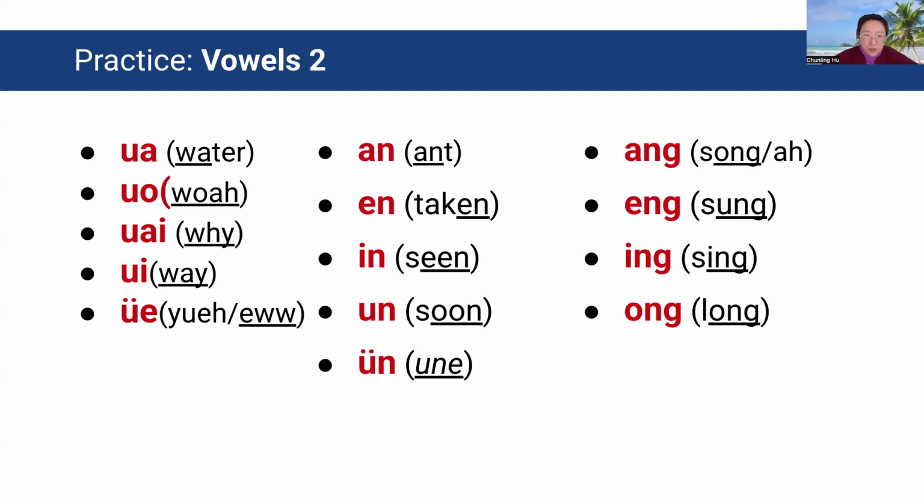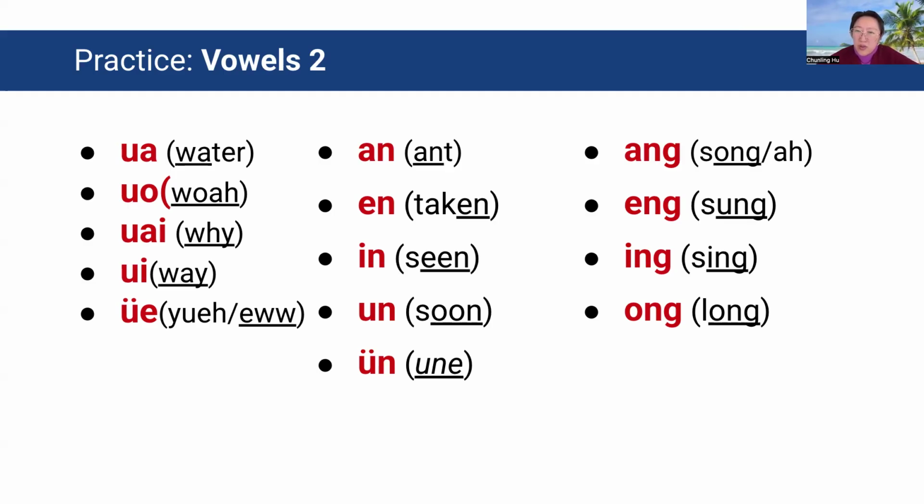If we have two English words in the parentheses, that's because we cannot find the exact same sound in English words. So we try to find more words that have a similar sound, so that you can compare and feel the subtle difference. So like here, ang, we cannot find the exact same sound in English.